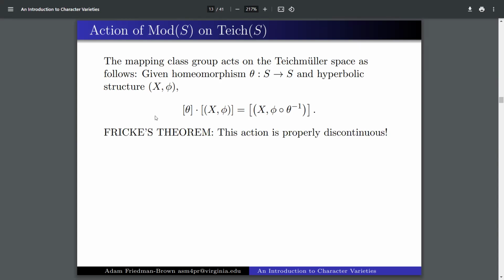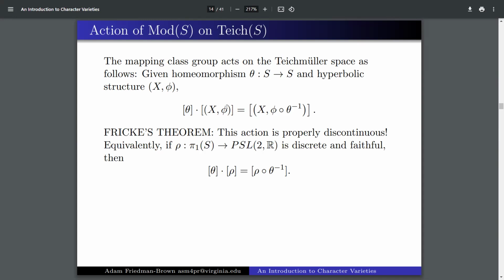Fun fact, this action is properly discontinuous, the original property we described. And this is known as Fricke's theorem, made by Fricke. And it takes quite a bit of effort to prove. But it has been found to be generalizable into character varieties, as I'll talk about further.